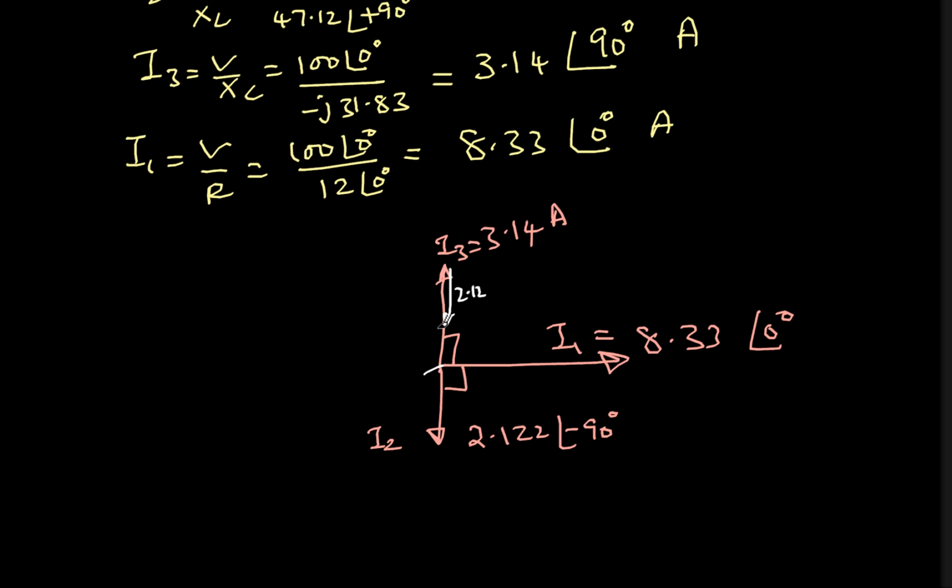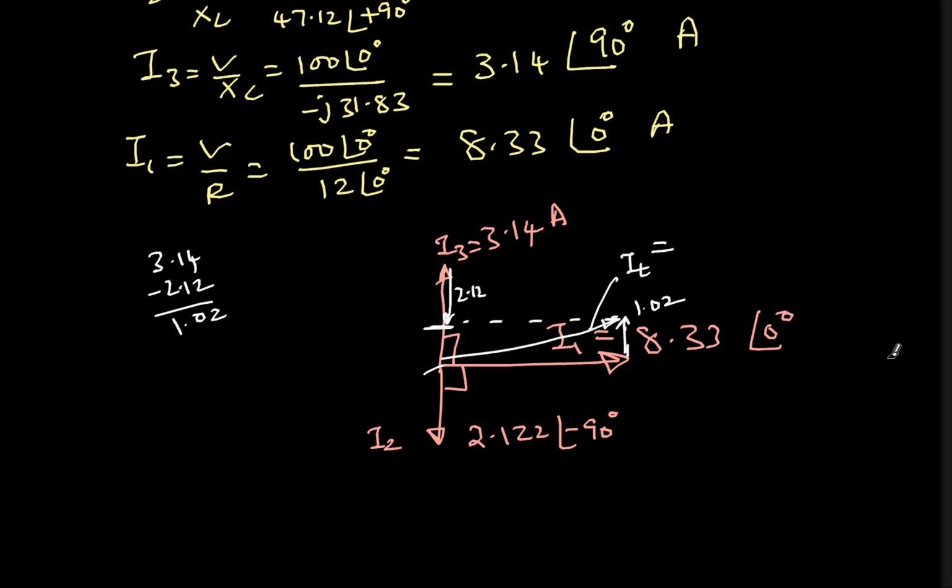So this one will be the resultant, 3.14 minus 2.12. So I get 1.02. So that 1.02 I'll just add it here, and finally I'll get this current as the IT.